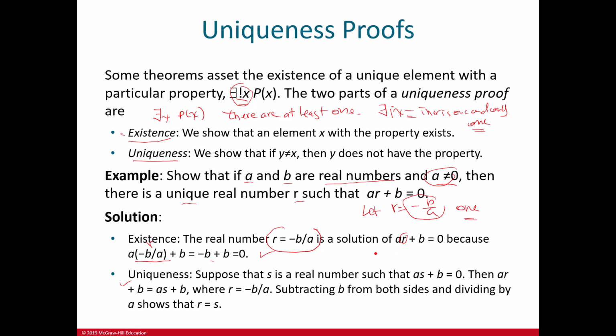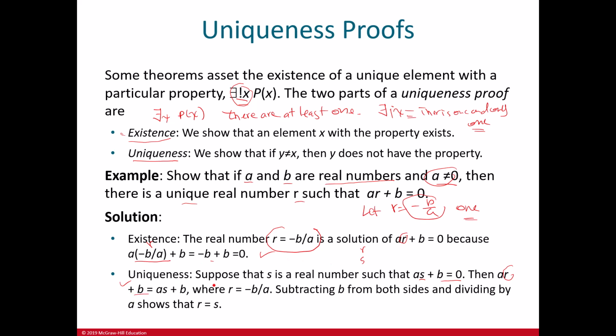It's like assuming that we have two. We have R, as we declared, and we have S, and see what happens. So here we assume there is S, and here's our R from before.